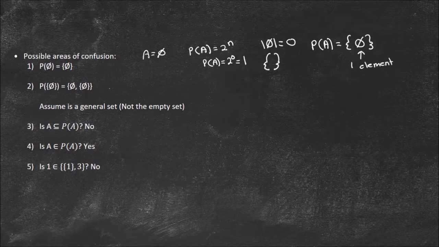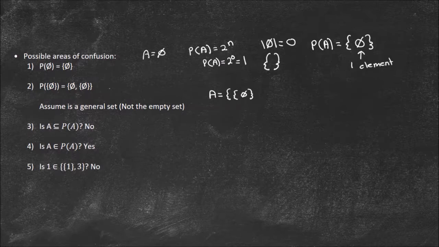Now the second one, we're looking for the power set of the set containing the empty set. So think about this for a second. The power set of the set containing the empty set, and the answer is that we have the empty set and the set containing the empty set. So you really have to think about this. If we have A equals, I'm going to write this as the set containing the empty set.